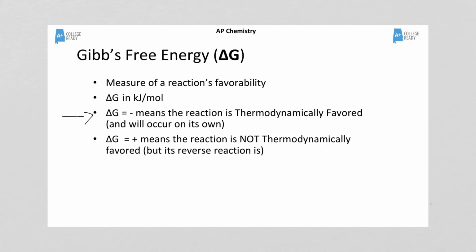If delta G is positive, the reaction is not favorable under the conditions, and really the reaction is favored in the reverse. The forward reaction is not favored and will not occur. Delta G also has the units of kilojoules per mole, just like delta H, so those two have that commonality.